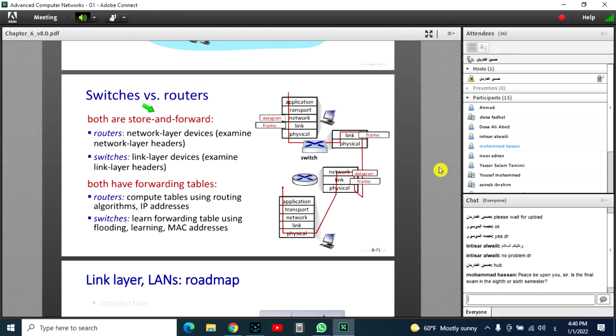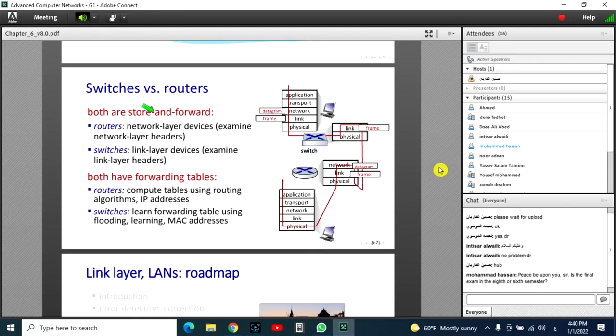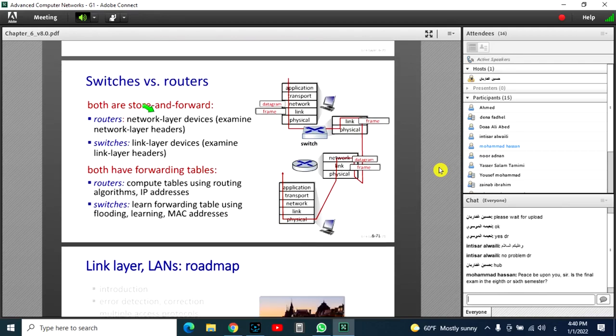Both are working as store and forward devices. Okay? But the router is using forwarding tables and routing protocols, and the switches are using switch tables and a self-learning mechanism.